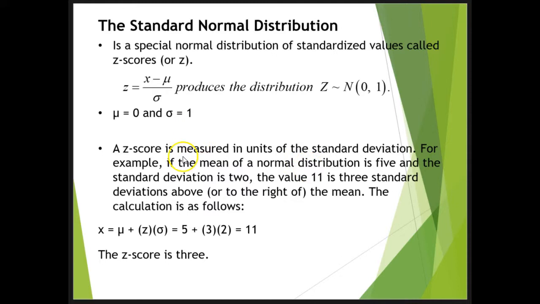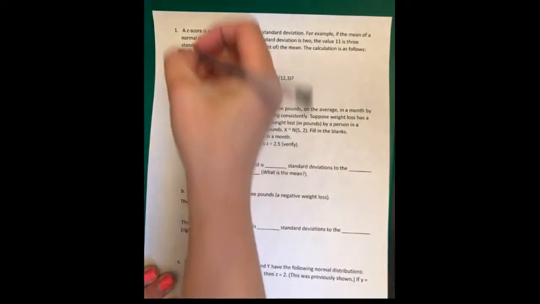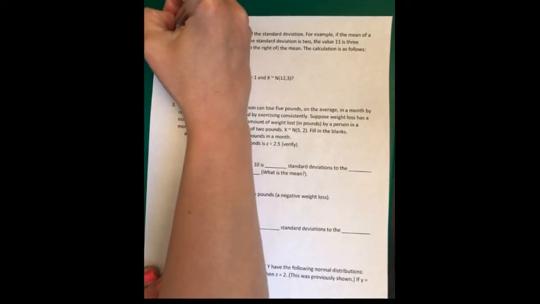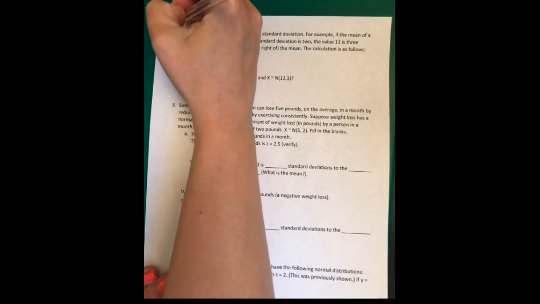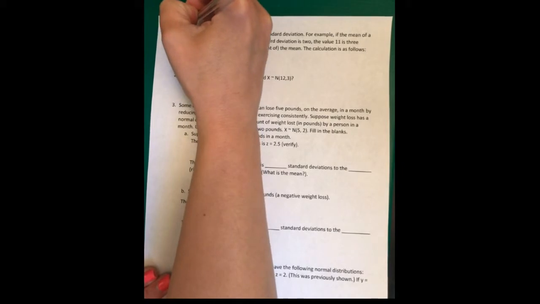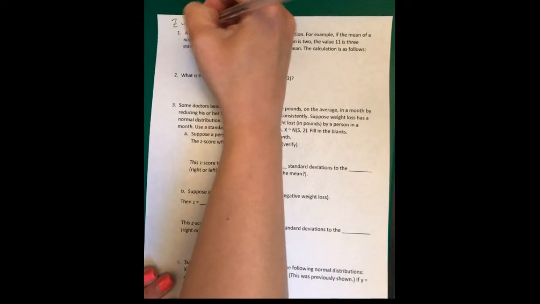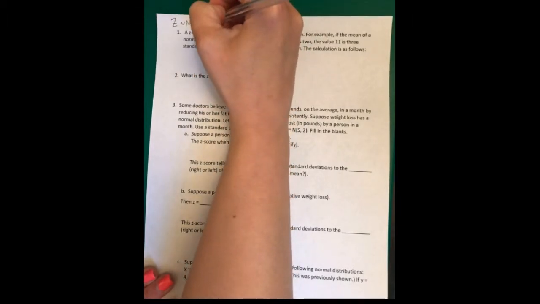So we are going to do this example on another screen. Let's take a look at some examples and work through them together. Just as a reminder, the notation for the standard normal distribution looks like this, where this 0 is our mean and 1 is our standard deviation.